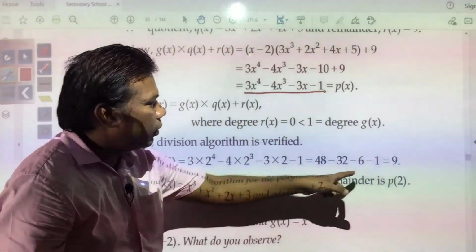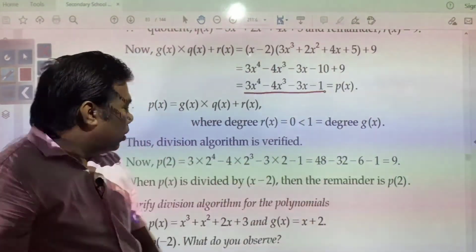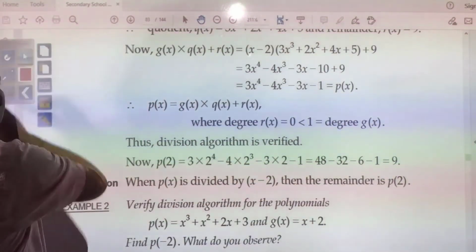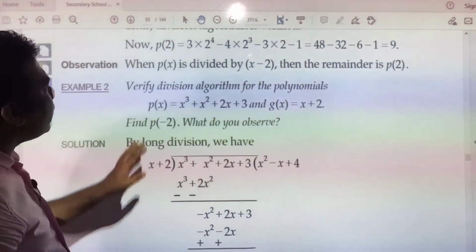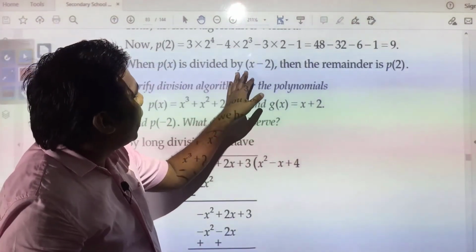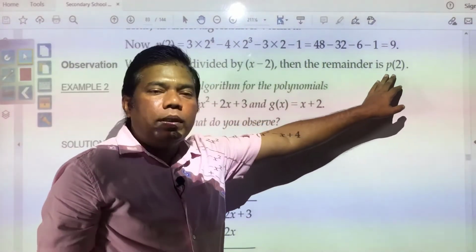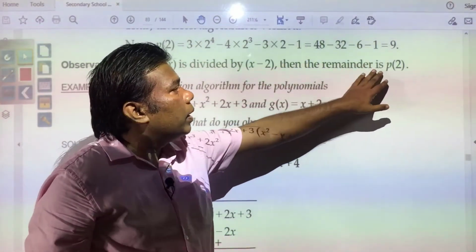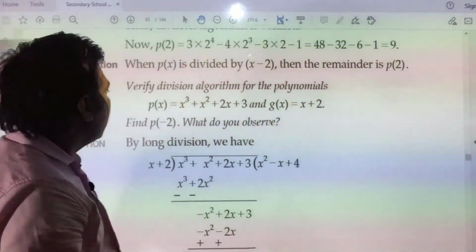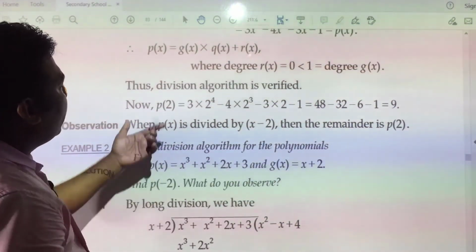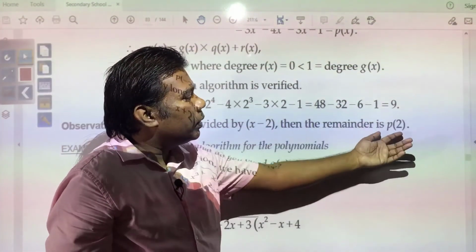You simplify this, you will get 9. So, what you have observed, when P(x) is divided by x − 2 means G(x), then the remainder is P(2). Your remainder is coming P(2), because if you are putting 2, you are getting remainder 9, it means you are getting P(2).